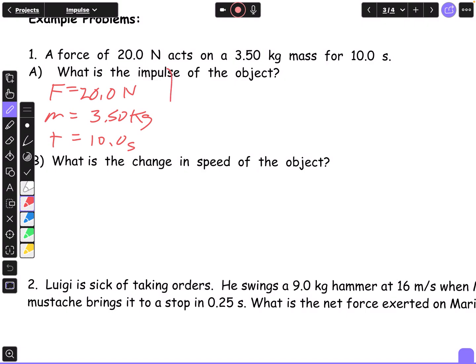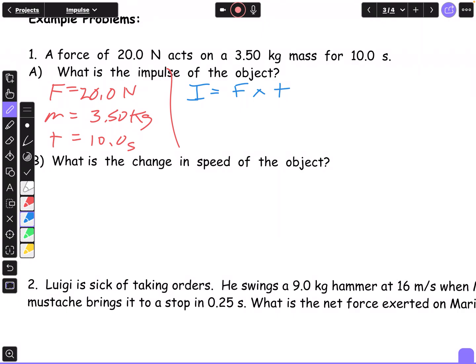What's the impulse? Well, what equation of impulse am I going to use? Based on the information it gives me, the only equation I could use for impulse would be force times time. It gives me a mass, but it doesn't give me velocity, so I can't use impulse equals m times (vf minus vi).